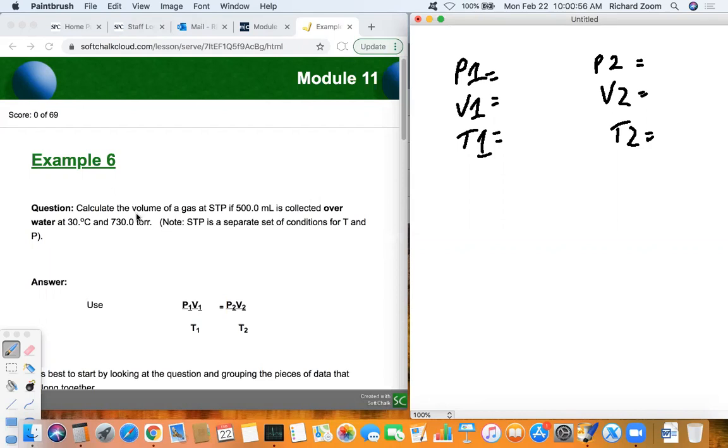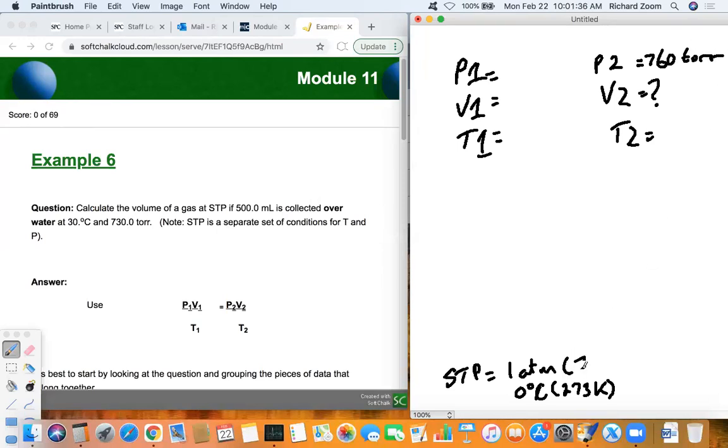Okay. So it says calculate the volume of a gas at STP. So the volume of the gas goes here. And look what it says, at STP. So that's why I'm saying the word at here is really important. Now, STP is a standard set of conditions. STP is equal to 1 atmosphere and 0 degrees Celsius, or if you want, 273 K. So the pressure, and it's important to look at the units, is in torr, so that's going to be 760 torr.